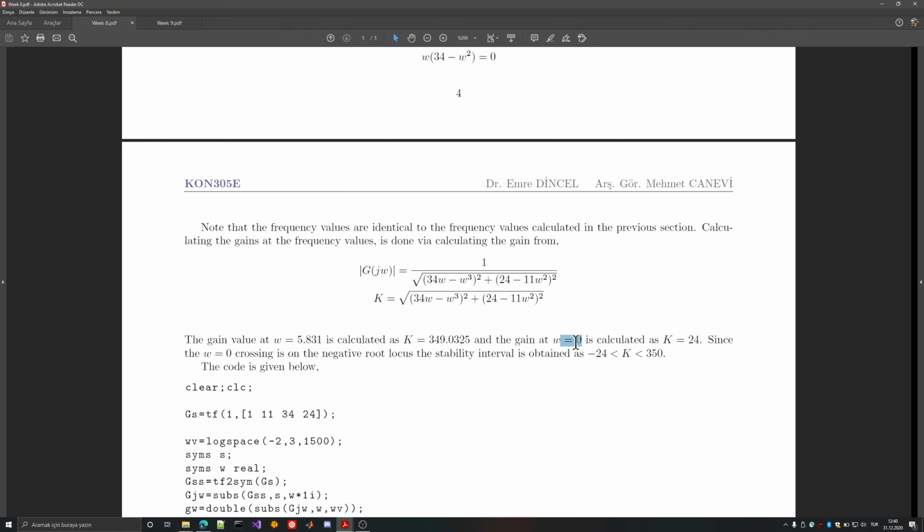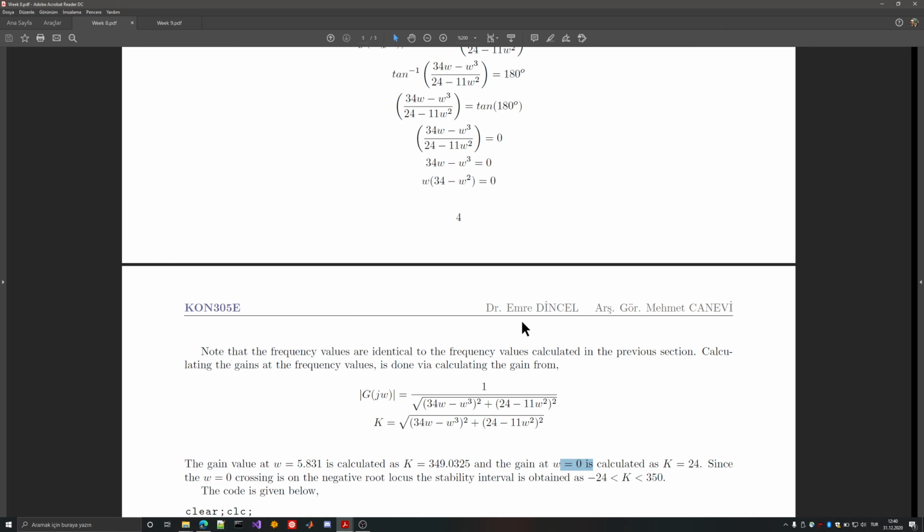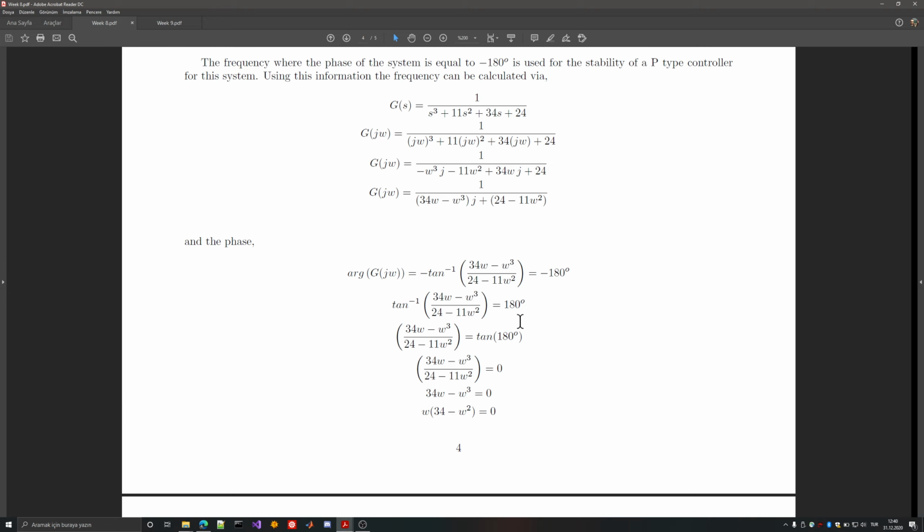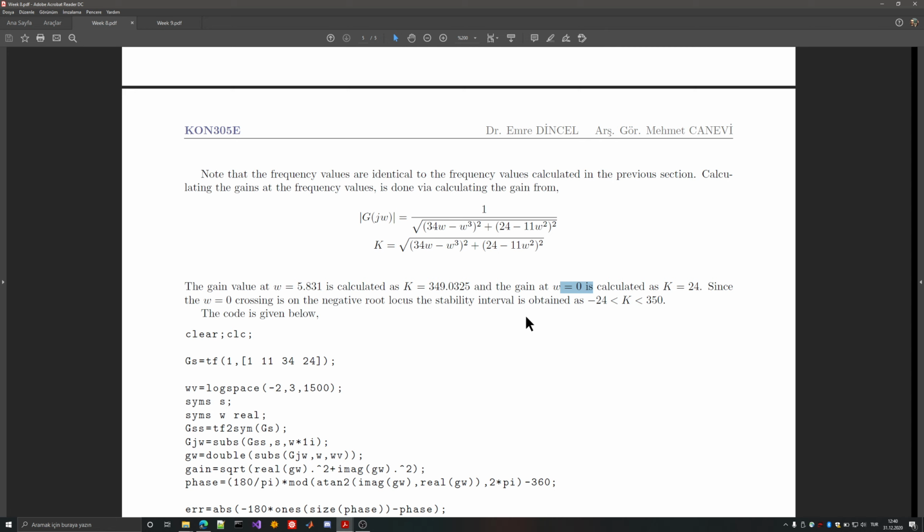But I have to check again what the angle becomes here, because if I plug in omega 0, I should somehow know that this one is the negative bound, and this is the positive bound.